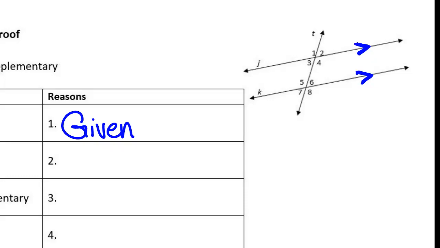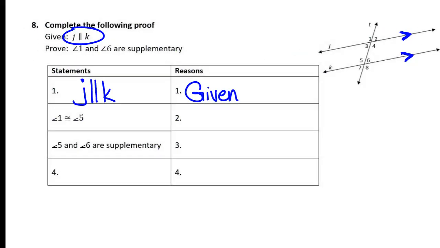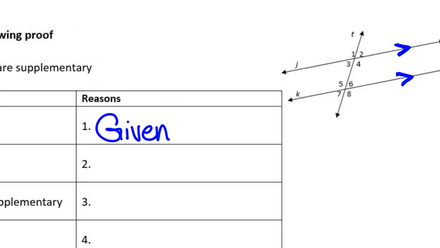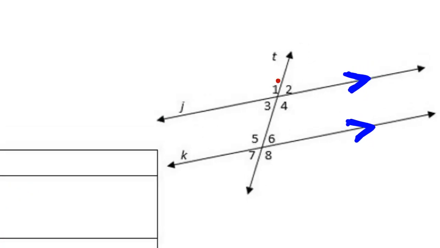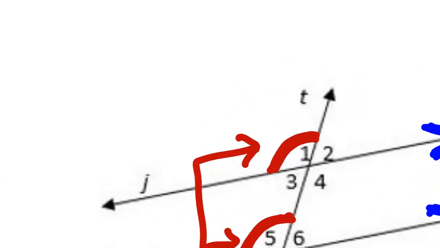All right, then we have this statement that angle 1 is congruent to angle 5. What would we call that angle pair? Corresponding angles.